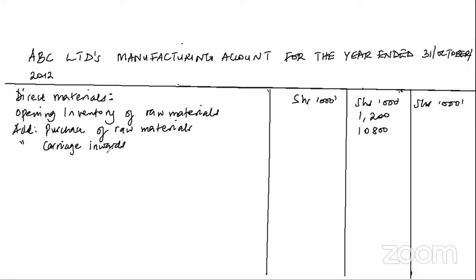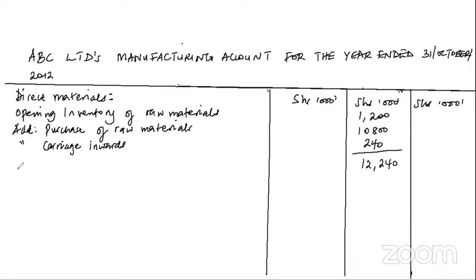You add them to the purchases, in other words, they increase the cost of the raw materials. So you add carriage inwards of 240. When I add 1,200 plus 10,800 plus 240, you come up with 12,240.